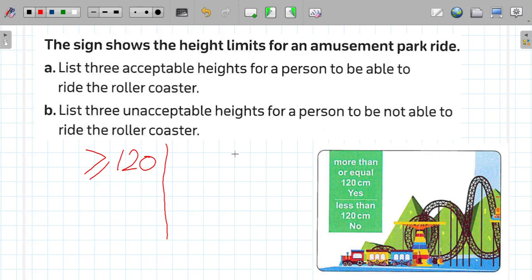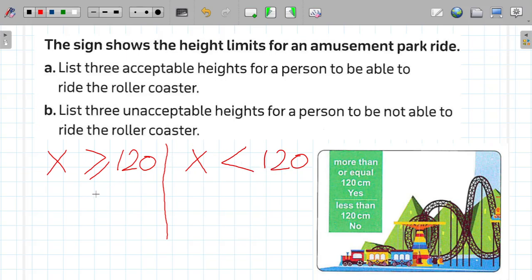And the second one, I want all values that are less than 120. Okay, so the first inequality is x more than or equal 120, and the second inequality is x less than 120.